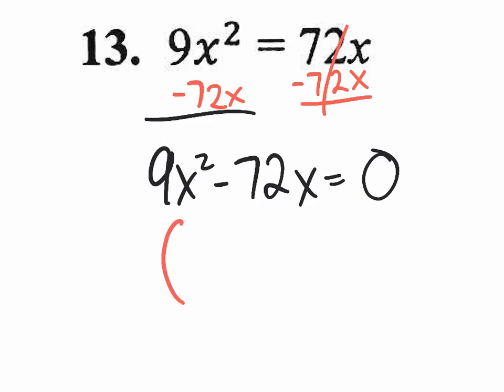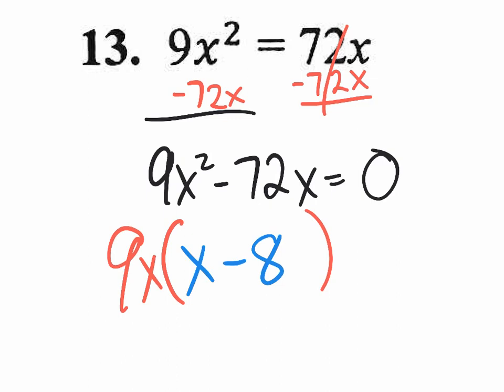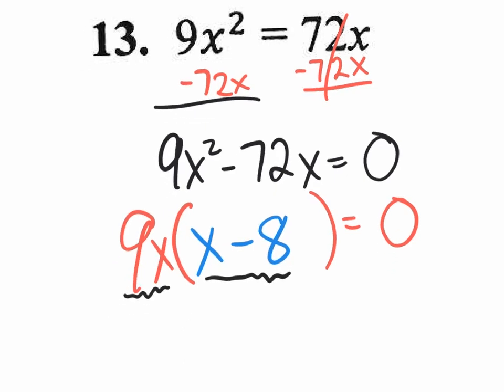So yes, we're going to pull out a 9 with an x. What do we have left over? An x minus 8, and that's it. Equals 0. So now we really do have something times something equals 0.